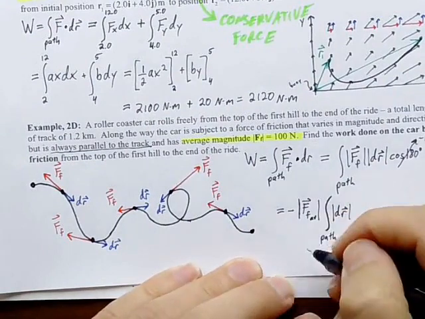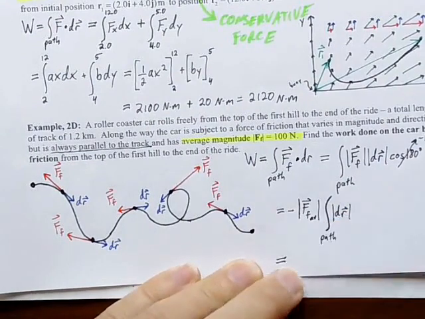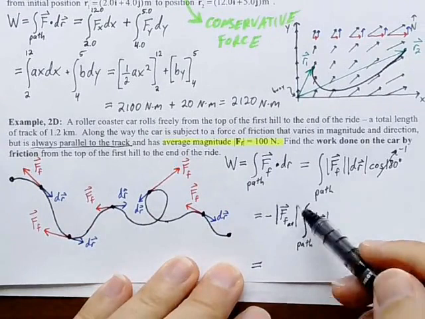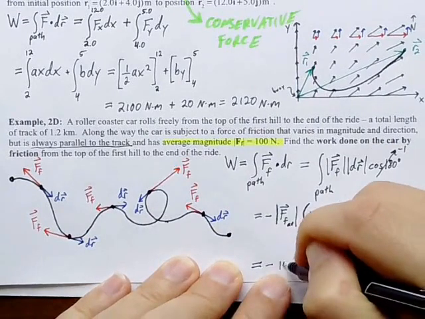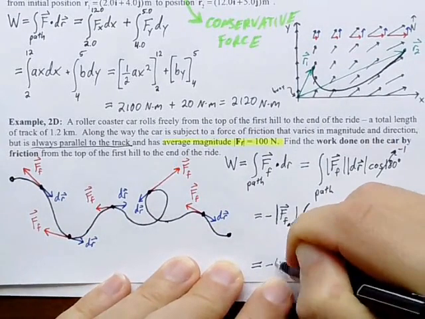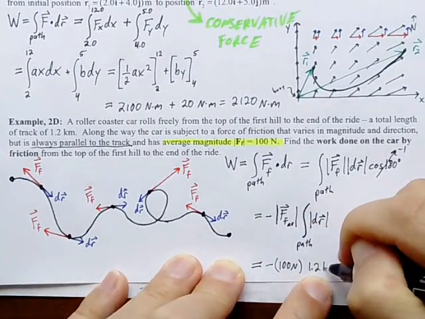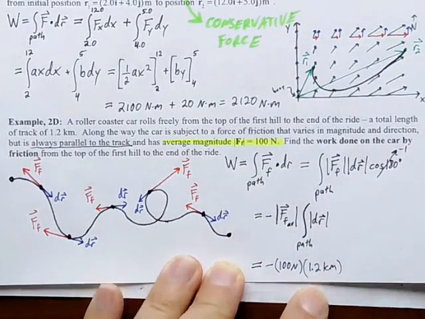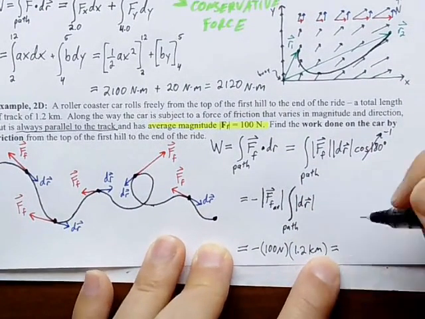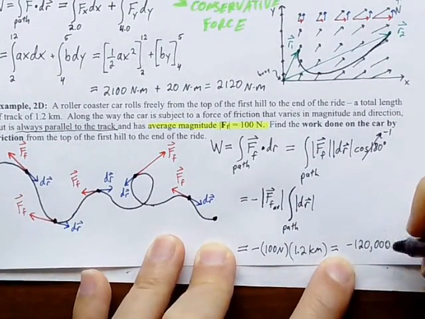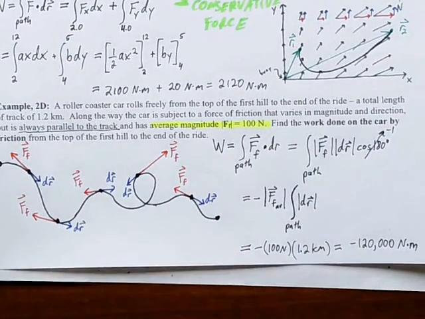So I'm arguing that we can evaluate this work integral by taking the opposite of the average magnitude of our force of friction, 100 newtons, times the total length of our path, 1.2 kilometers, to get negative 120,000 newton meters.